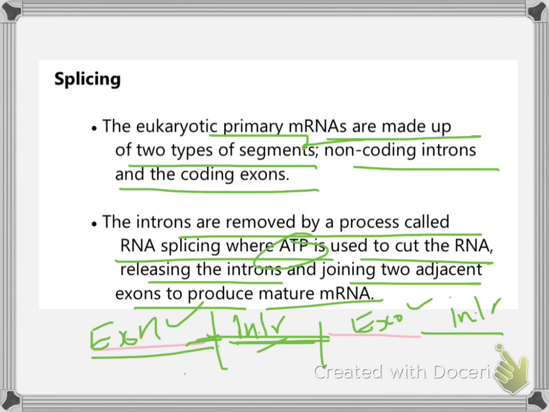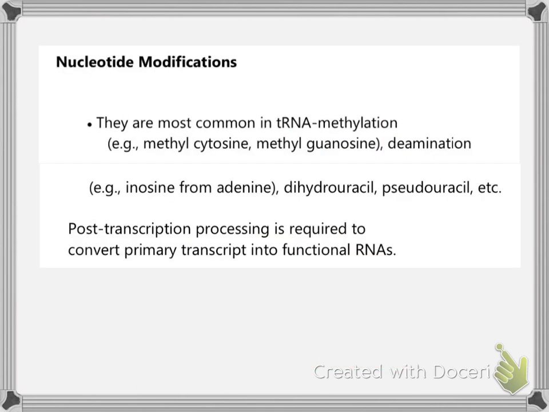So we get exon 1, exon 2. This is the first exon, this is the second exon, and the introns are removed. This type of RNA is called mature mRNA.